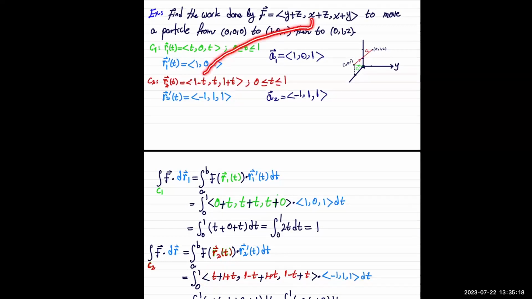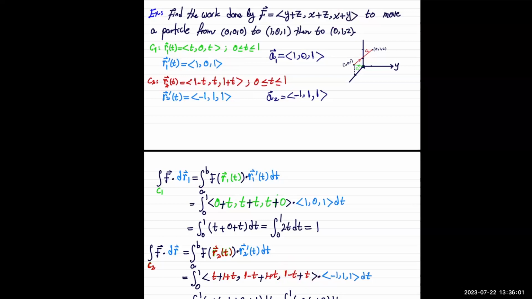X gets replaced with 1 minus t, z gets replaced with 1 plus t. So you get 1 minus t plus 1 plus t, which is right there. In the last component, x gets replaced with 1 minus t, y gets replaced with t. So here we get x plus y, which is now 1 minus t plus t.